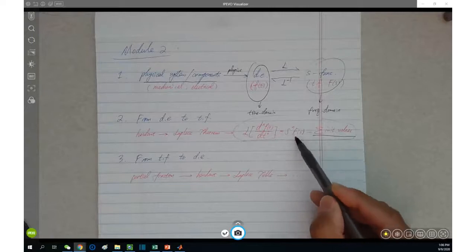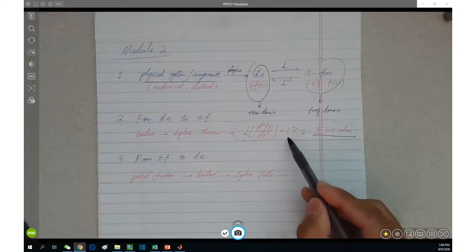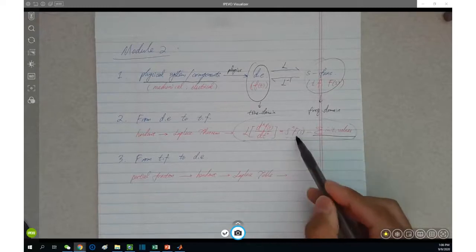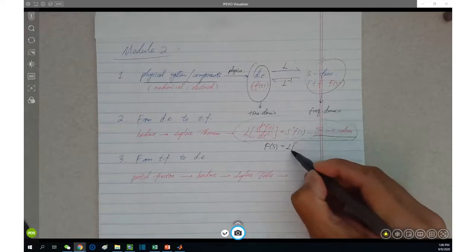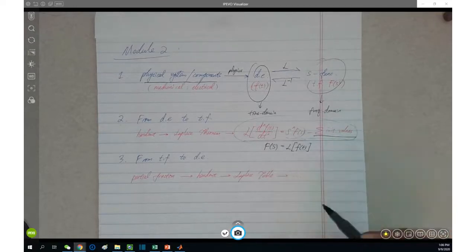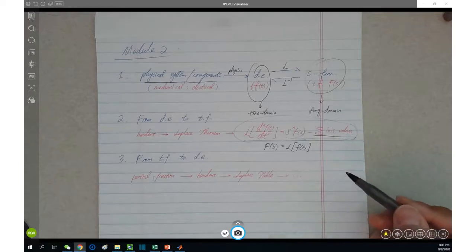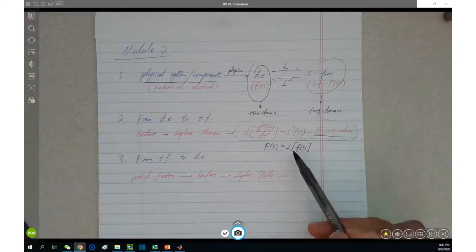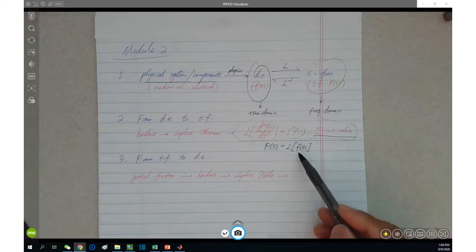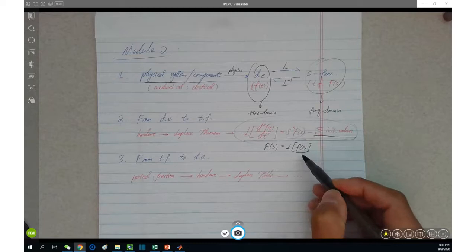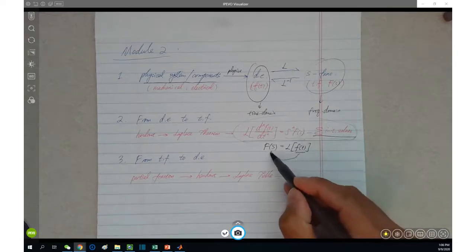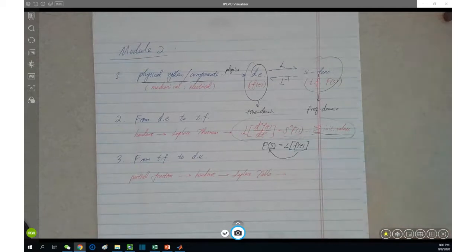Obviously this is the transfer function, but F of s is equal to the Laplace transform of lowercase f of t. This is the correct understanding. Capital F of s is the Laplace transform result of the lowercase f of t. In other words, for time domain function f of t, whatever it is, the corresponding frequency domain transfer function is capital F of s. Does it make sense?